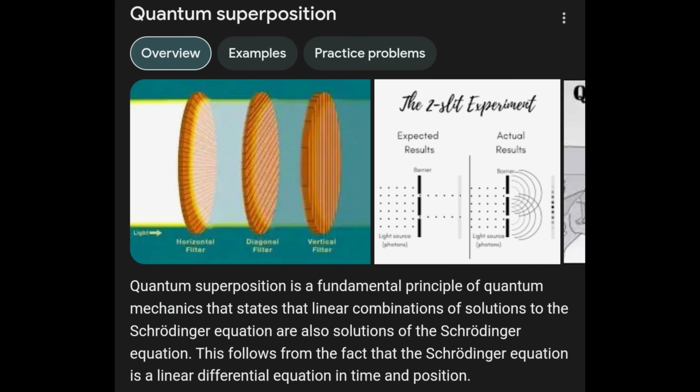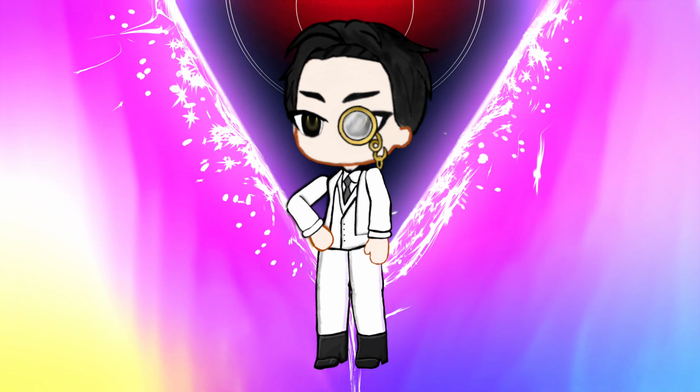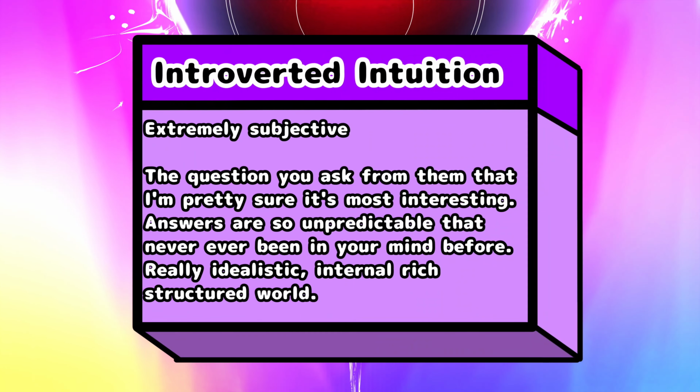Pretty much like superposition. Alright, what is actually introverted intuition? Let me put a simple explanation of this. Introverted intuition itself can be similar to extroverted intuition, like root thinking, strategy, and new ideas.